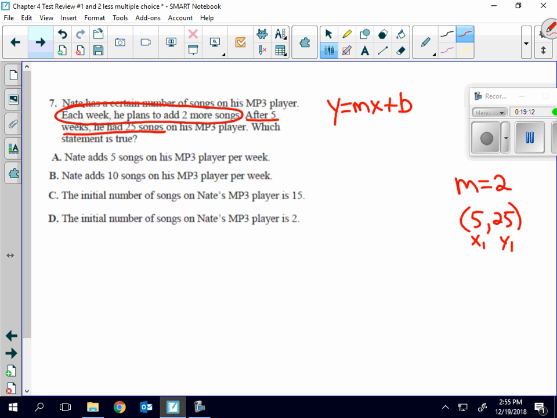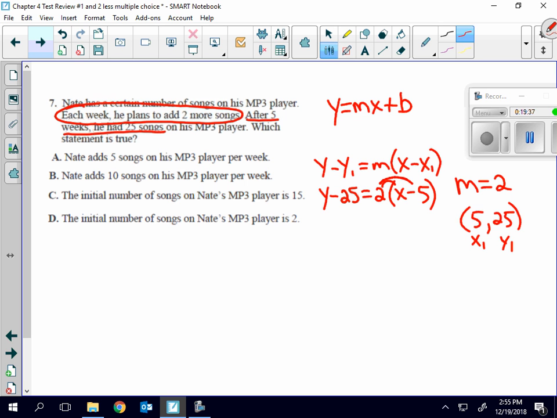I'm going to go ahead and use point-slope form, and then I'll rearrange it. So y minus y1, which is 25, equals the slope m, which is 2, times x minus x1, which is 5.